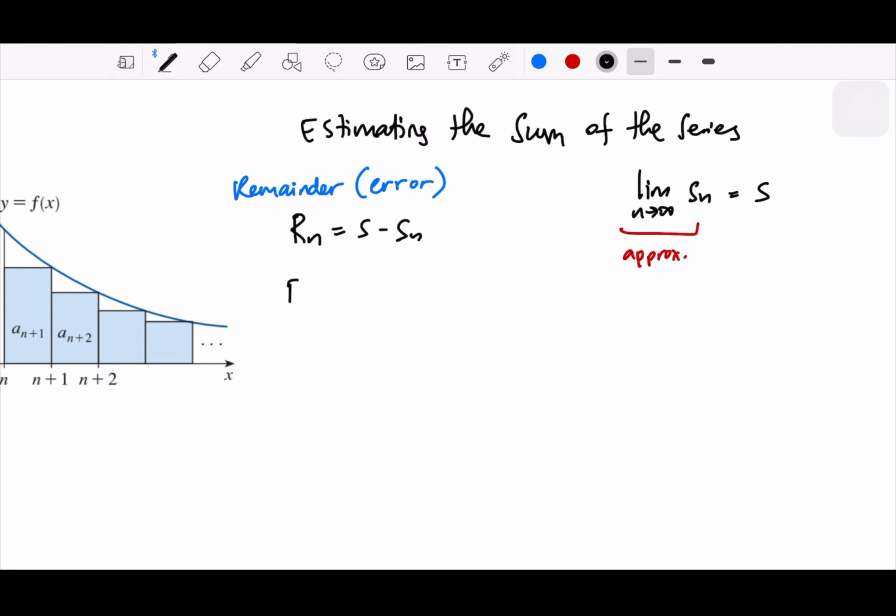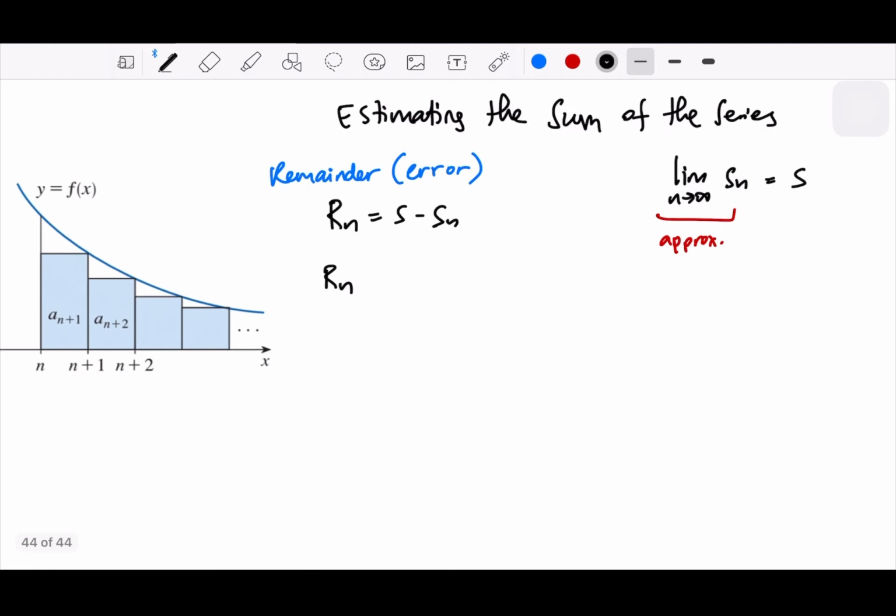Now we can take this and write it in terms of a n plus 1, a n plus 2, a n plus 3, and so on.